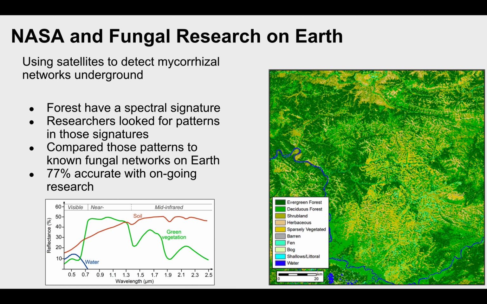There's still ongoing research to further this along. But 77% is pretty incredible. We are looking at very tiny organisms underground, these very slender hyphae of fungi, by the use of satellites. So, pretty cool ongoing research.